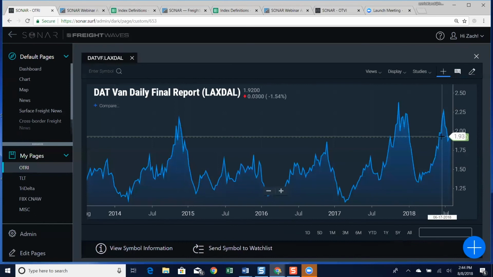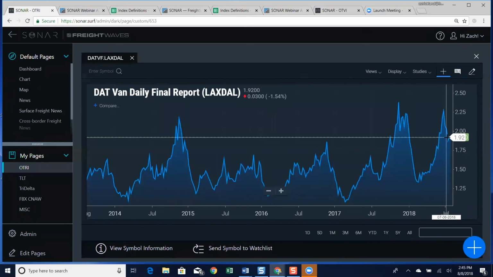Again, it doesn't mean that things won't go back, but right now we're not seeing any indication of that happening currently. And this is a really good lane to look at on a daily basis if you are a broker, shipper or carrier, to kind of glean what the overall market sentiment is, because it's such a highly trafficked lane.